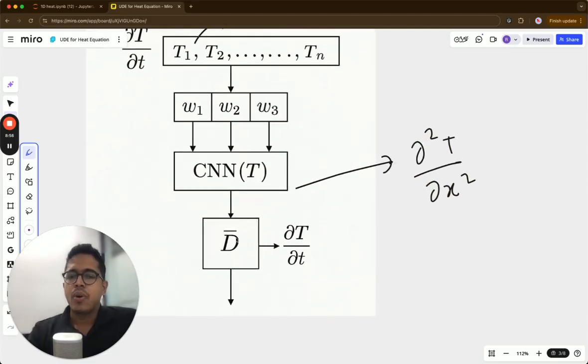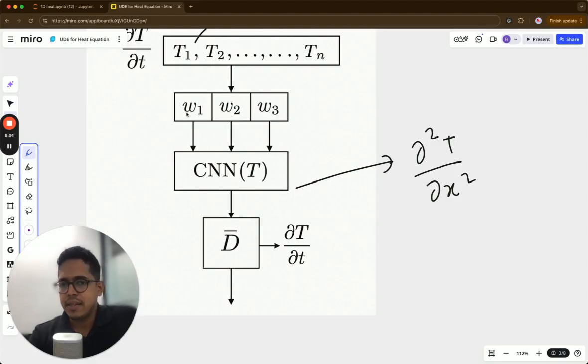Then you also start with a random value of the diffusion parameter. Whatever you get from the output of this CNN, where the CNN is nothing but this stencil applied over the spatial temperature distribution, you are scaling by the scaling factor of diffusion, which I like to denote as D cap.